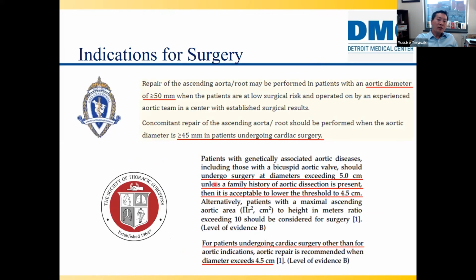All this to say that both the STS as well as the AATS, which are the two biggest societies in cardiothoracic surgery, both recommend repairing the ascending aorta or the roots when the size reaches 5 centimeters, as you can see from the AATS as well as from the STS. The STS actually adds, which I think is important, because a 5 centimeter size aorta in a tiny little lady is different from a 5 centimeter diameter in a giant 6.5 feet man.